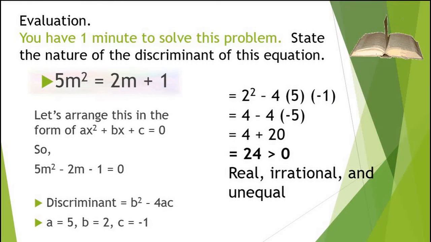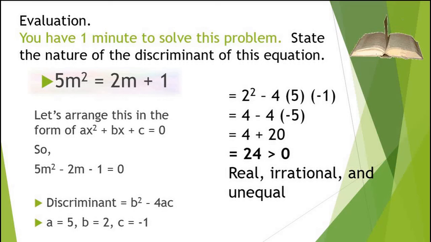Let's answer now the problem. Let's arrange this in the form of ax squared plus bx plus c is equal to 0. So, 5m squared minus 2m minus 1 is equal to 0. The discriminant formula is b squared minus 4ac. So, a is 5, b is negative 2, and c is equal to negative 1. So, that would be negative 2 squared minus 4 times 5 times negative 1.